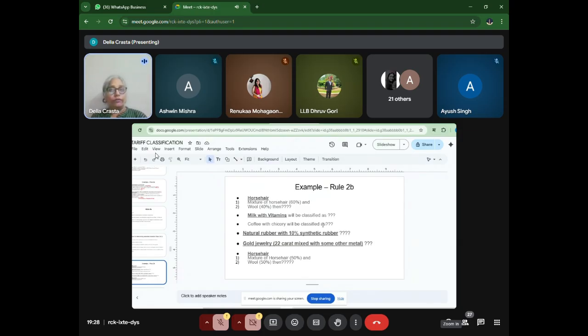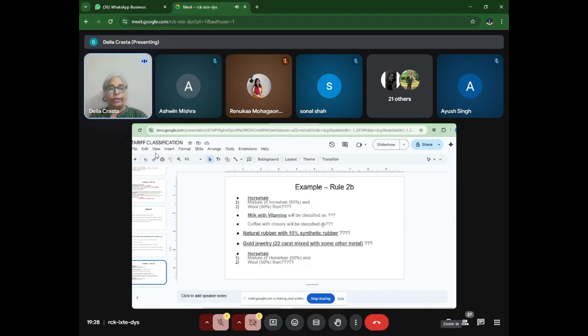So your HS code will be of natural rubber. Gold jewelry. It's 22 karat gold, but it is also mixed with other metals, like some amount of copper or silver. But what will you classify that as? Gold jewelry. You'll classify that with the HS code given for gold, not for the other metals.